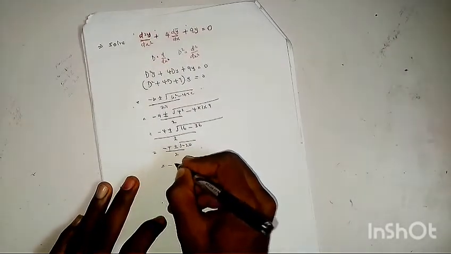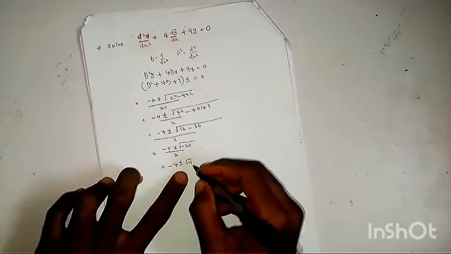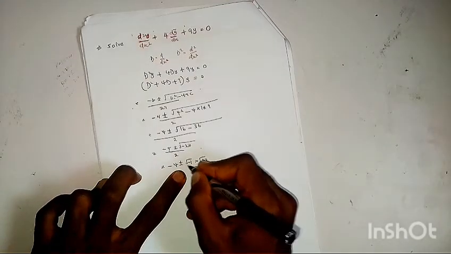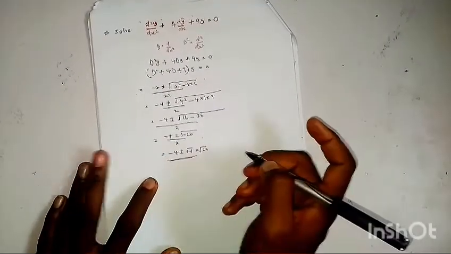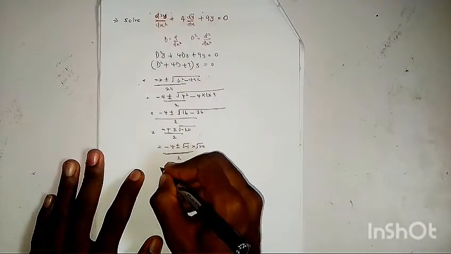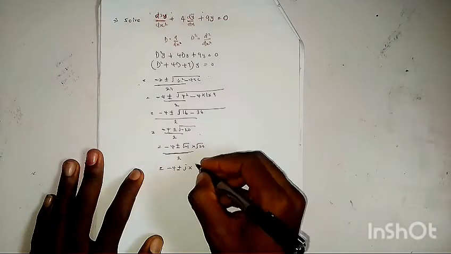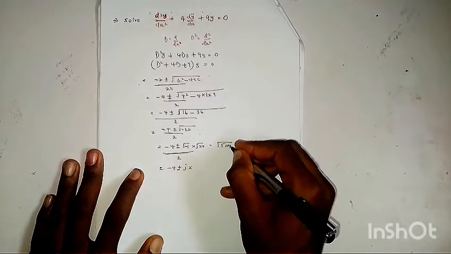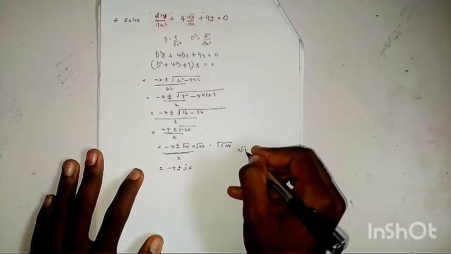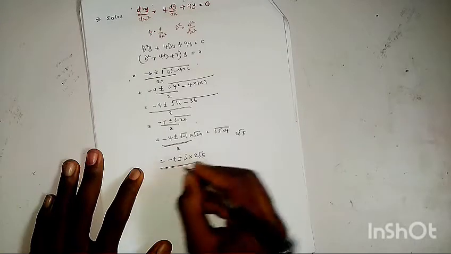Then this gives me minus 4 plus or minus the root of minus 1 times the root of 20. Now the root of minus 1 is what? A complex number, right? Which is j. So minus 4 plus or minus j times, now 5 times 4 gives me 20, then root 4 is 2, so I have 2 root 5, all over 2.